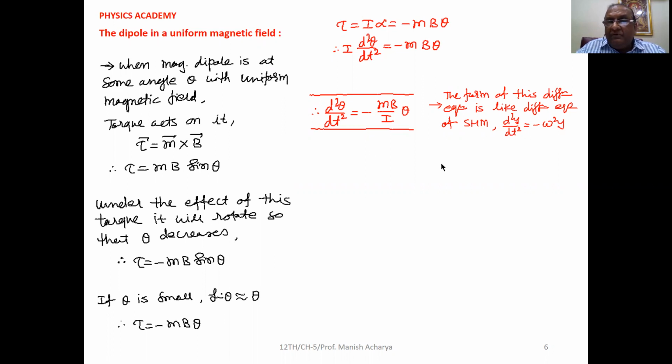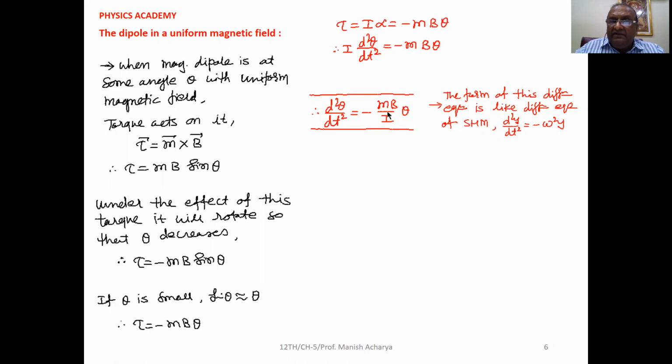So from comparison of these two equations, if the dipole is placed at some angle with the magnetic field and then released, the dipole will execute simple harmonic motion, or simple harmonic oscillations.